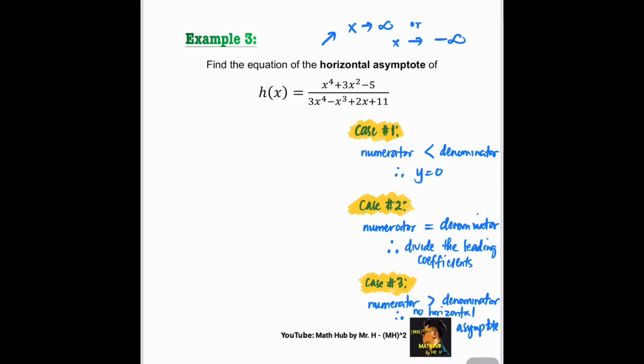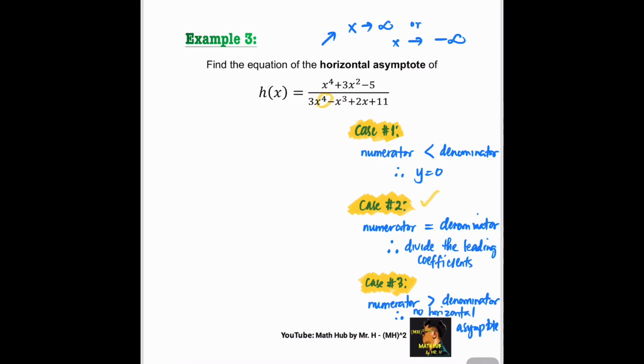So we were given x to the power of 4 plus 3x squared minus 5 divided by 3x to the power of 4 minus x cubed plus 2x plus 11. And if we're going to take a look at the 3 cases here, we can see that it follows case number 2, in which the degree of the numerator, which is 4, is equal to the degree of the denominator.